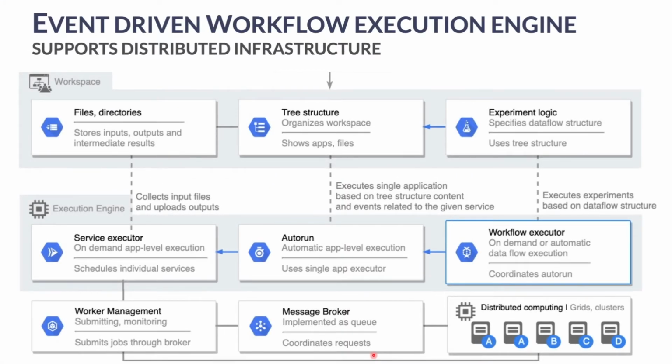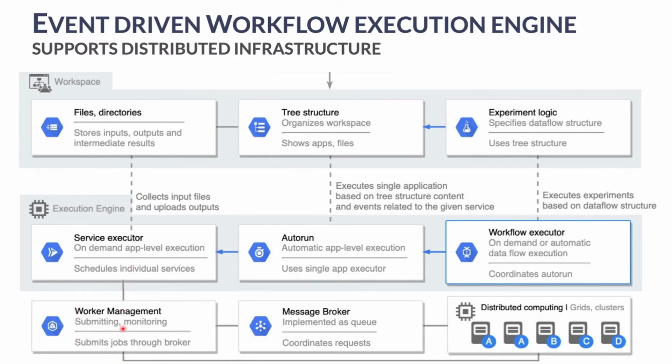The next thing is the workflow execution engine that can execute individual applications on demand, autorun individual applications, and also execute workflows consisting of multiple applications with support for both on-demand and automatic execution. Service Executor executes single applications on demand. It collects inputs from the user space and sends them for calculation to Worker Manager.